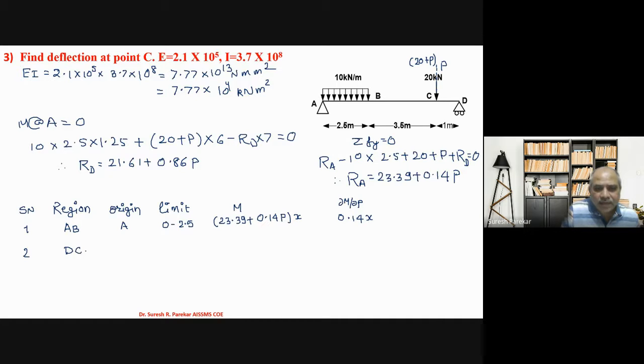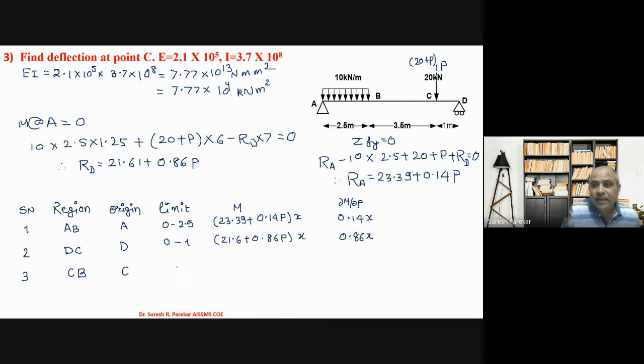Then we have the second region, that is DC. We are coming from the right now. Origin is D, limit 0 to 1. M is RD, which is 21.6 plus 0.86P into X, and we get dM by dP as 0.86X. The third region is CB. You can go from any side.